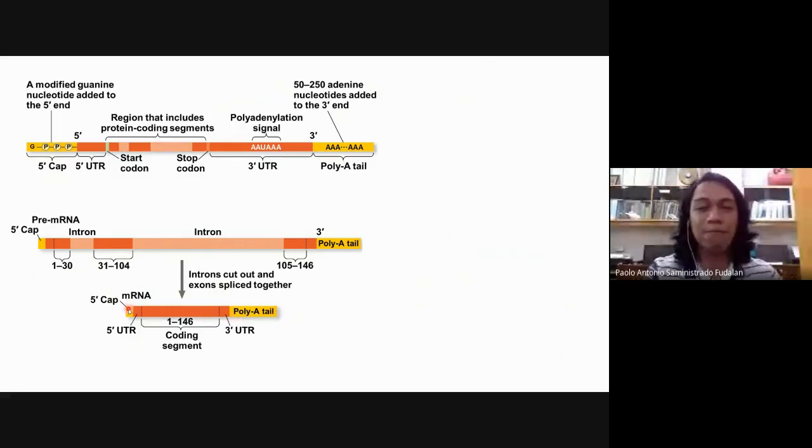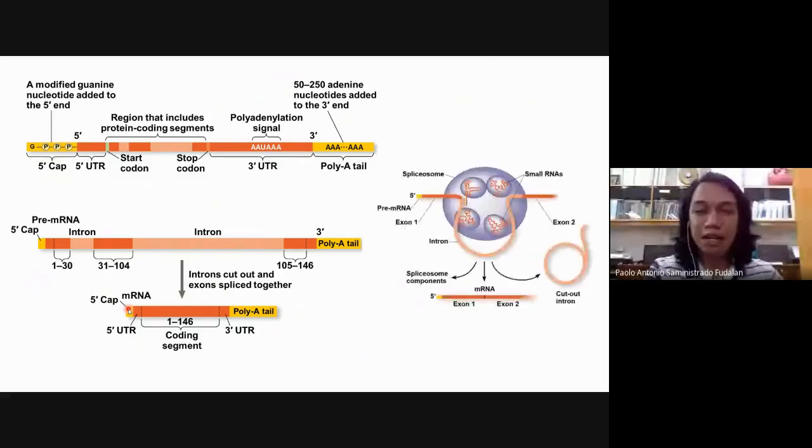Okay, and the enzyme that cuts the introns away is called the spliceosome. It's not really an enzyme, but it's a structure. The spliceosome contains small RNAs that help in locating the ends of the introns so that they can be cut away from the exons.